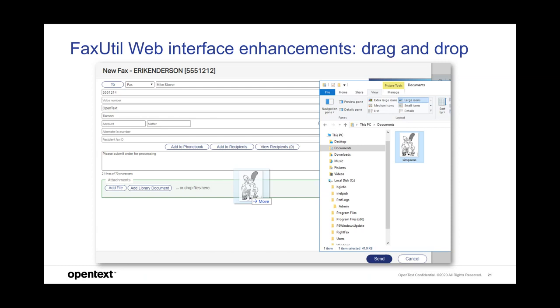A lot of folks have told us this is a real easy and intuitive way to send fax. A lot of our customers still use functionality that we call print to fax, which you may or may not be familiar with, which is just opening a document and printing it. And we've heard that some customers find this drag and drop method is even easier than that. So it's definitely something you could check out and try out in RightFax 20.2.